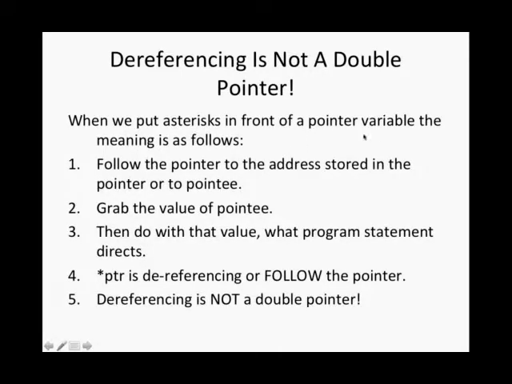When we put an asterisk in front of a pointer variable, the meaning is this: follow the pointer to the address stored in the pointer, to the pointee, grab the value of the pointee, then do with that value what the program statement directs you to do. Asterisk ptr is dereferencing, or follow the pointer, or indirectly reaching the memory location which is stored inside. Dereferencing is not a double pointer.